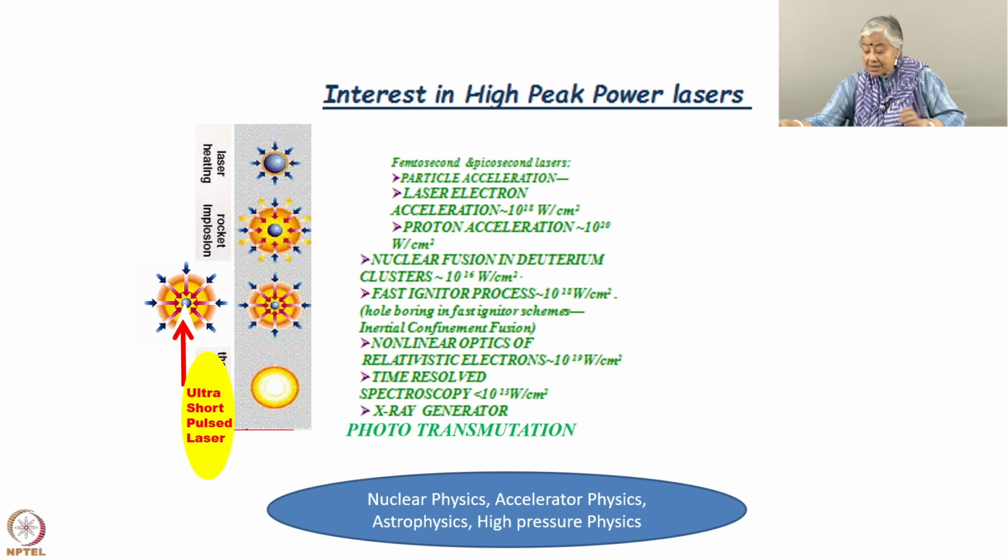So, these are some of the uses that you need to know, but there is one important problem which you have to understand. I have made a very ultra short pulse, but then do you know how to measure that ultra short pulse?